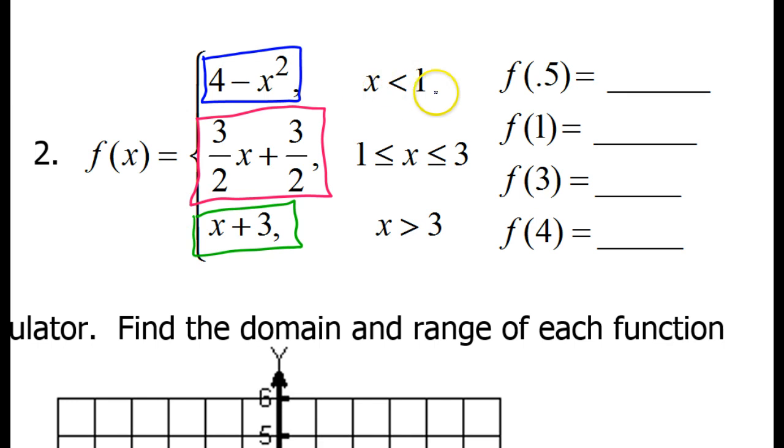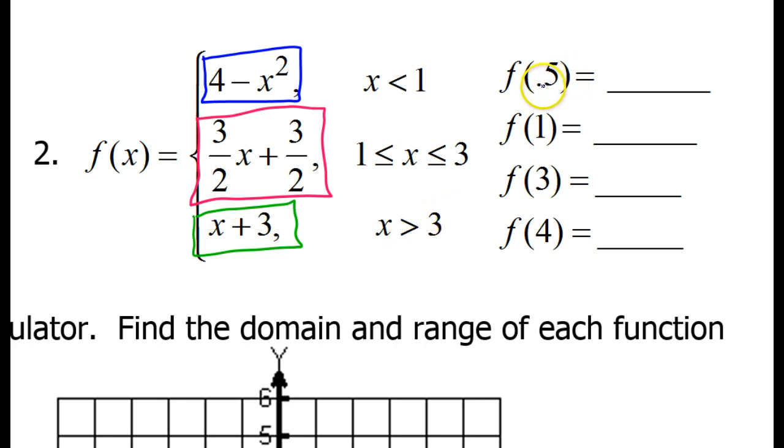This area tells us when to use which piece. We'll use the blue piece for x values that are less than 1. We'll use the red piece for x values that are between 1 and 3, including 1 and 3. And we'll use the green piece for x values that are greater than 3.